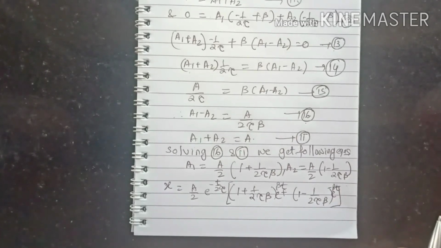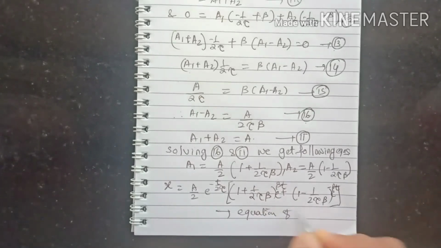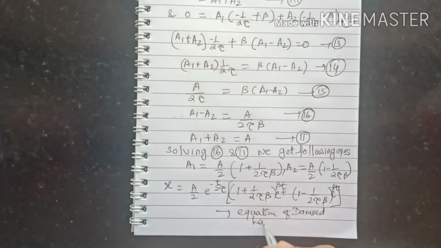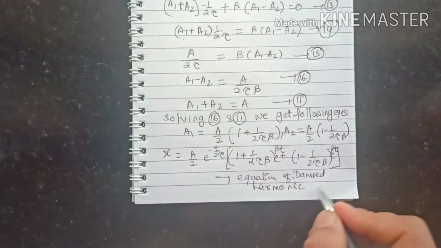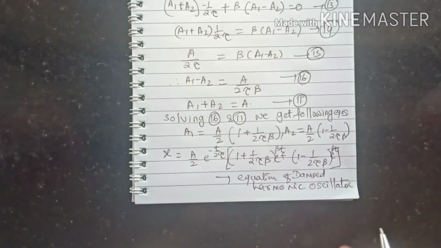So we are getting this equation. This is the equation of the damped harmonic oscillator. Okay.